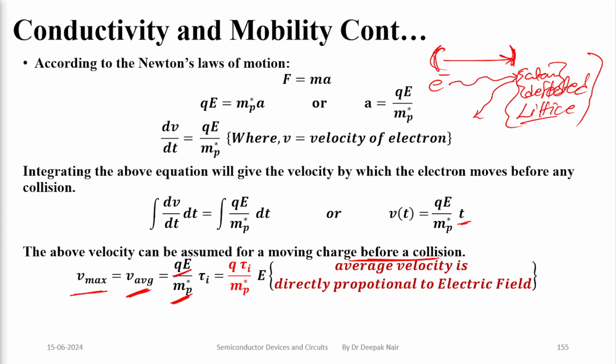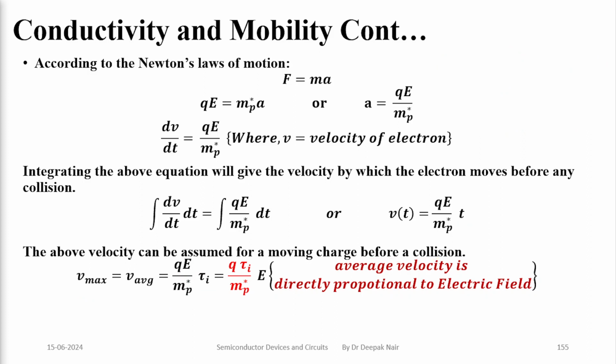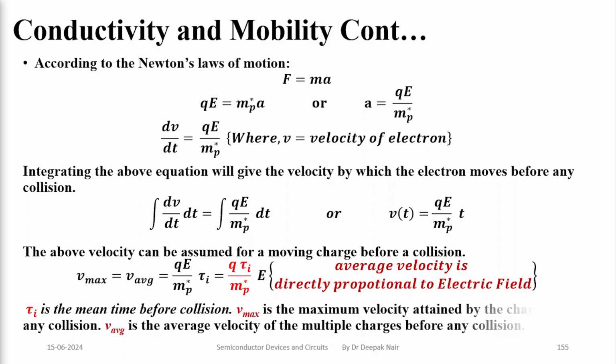instead of time t, we say tau_i. Now reshuffling the right hand side of the equation, bringing the electric field out, we get Q tau_i upon m_p* into E. Here tau_i is the mean time before collision.